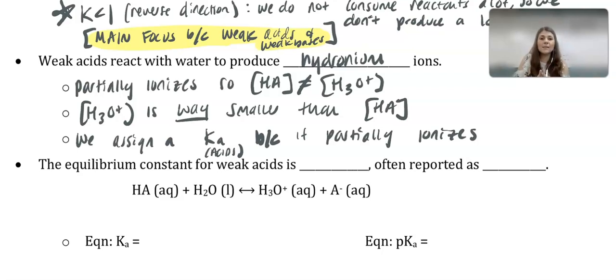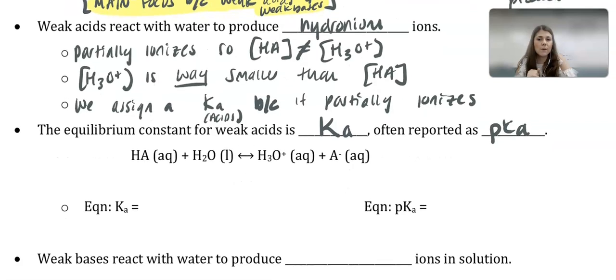We also talked about Ksp, the solubility product constant, which focused directly on salts dissolving. Here, Ka is specifically geared towards weak acids. The equilibrium constant for weak acids is Ka, and you can search up any weak acid and it will have a Ka associated with it. Please note that we often report Ka as a pKa, which we'll talk more about.